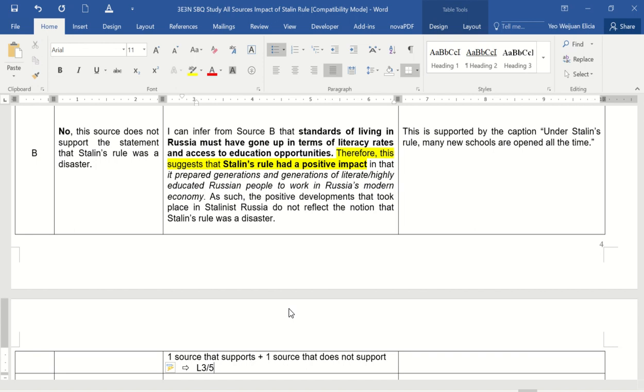Now how then do you score higher? You just add on. If you add on an additional source to analyze, regardless of which side it is on, plus one more mark. But you must get the first pair. You must have one support and one does not support first. Then subsequent sources that you analyze can be on either side.